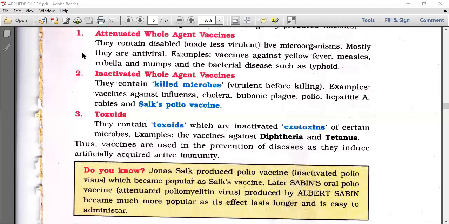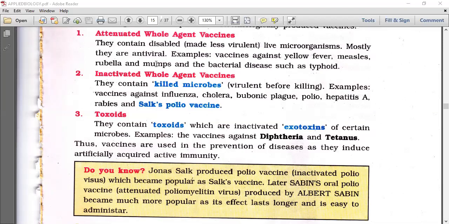Attenuated whole agent vaccine, inactivated whole agent vaccine, and toxoid vaccine. There are more: recombinant vaccines, DNA vaccines, likewise various types of vaccines. What material we are using, based on that we classify.